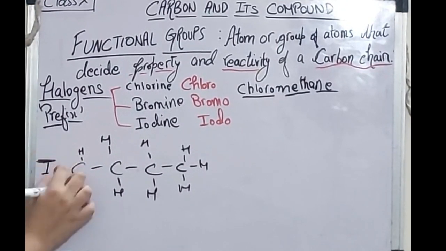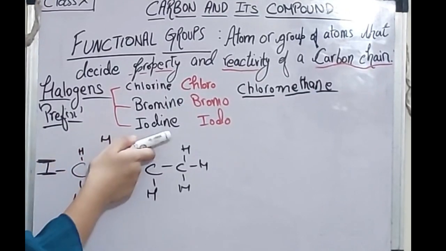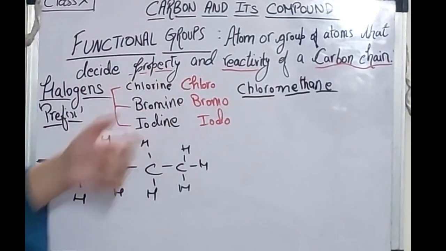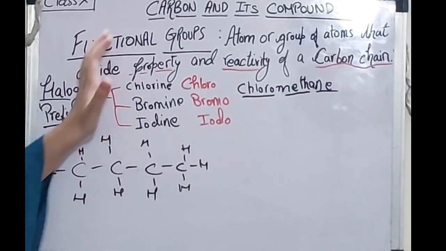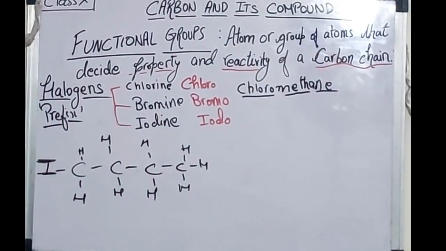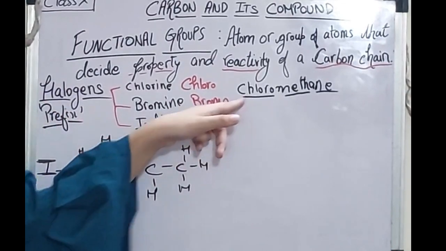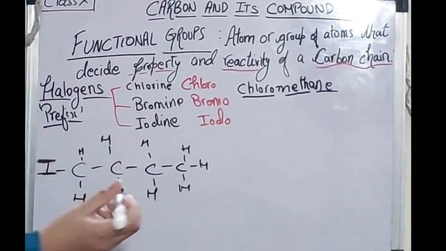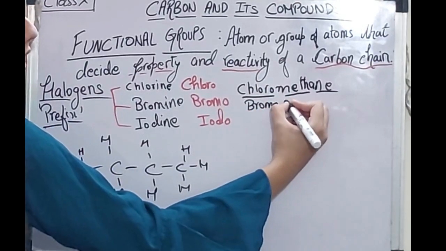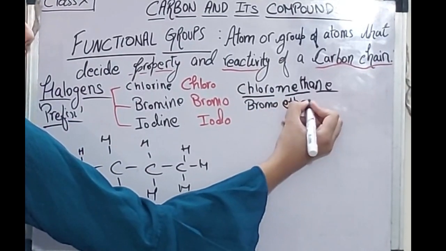This is actually a revision for you as well for how to do naming. This I represents iodine. Okay. Now let us just name it. ये तो पता चल गया हैलोजेंस है, फंक्शनल ग्रुप्स है. ये ऐसा एटम है that gets connected to the carbon chain और उसकी प्रॉपर्टी और एक्टिविटी ही चेंज कर देता है. It's a prefix. जब नेमिंग कर रहे हो जैसे क्लोरो मिथाइल लिखेंगे, जैसे ब्रोमो इथेन लिखेंगे.